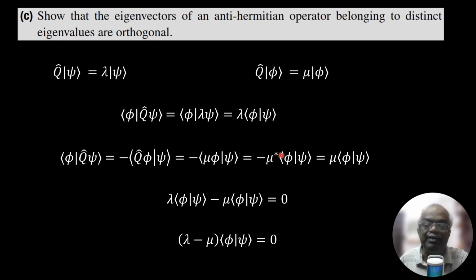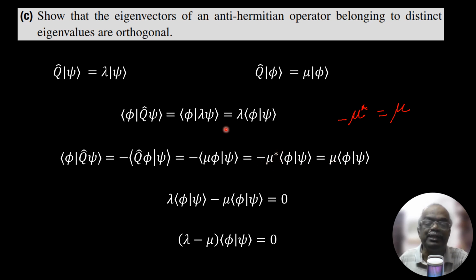In part A we have seen, here you can see, minus mu star is equal to mu. We have seen in part B that the eigenvalues are imaginary, so minus mu star will become mu.